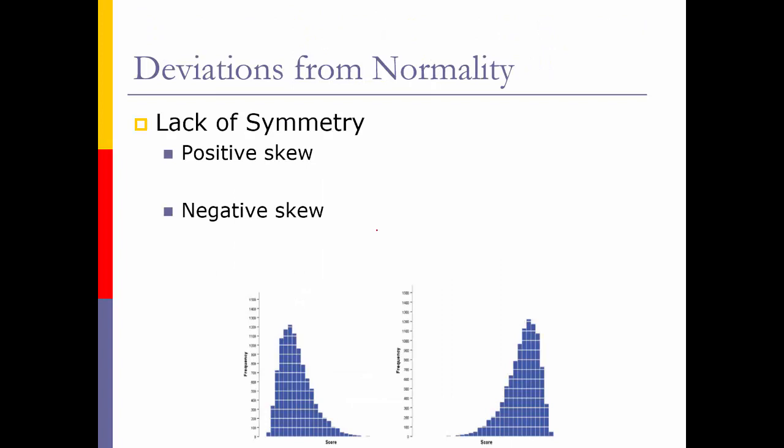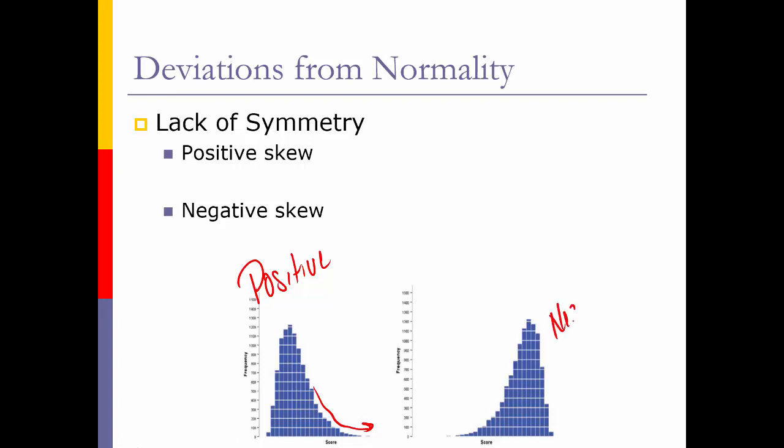So if it's not normal, it usually deviates from normality in a couple of ways. We have skewness and kurtosis. So skew is associated with the lack of skew, or positive skew, which is, so positive skew, we have the scores or the data is really bunched at low values, and we have a tail that points to the higher values.